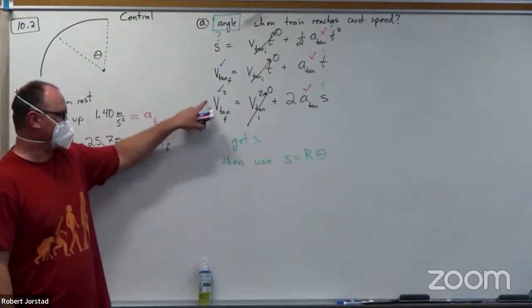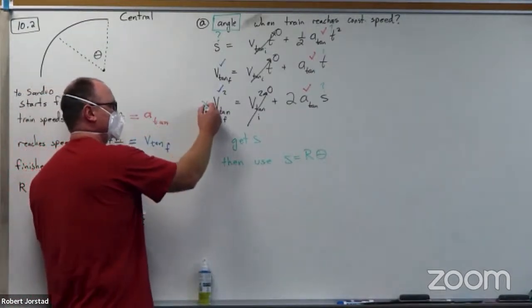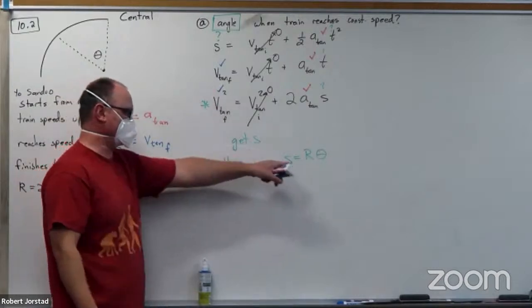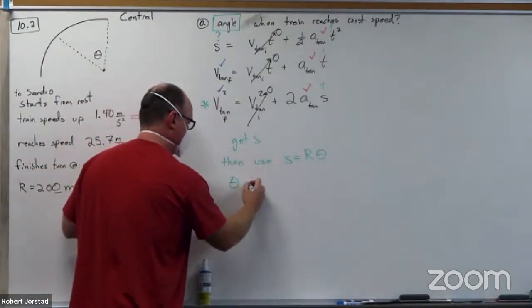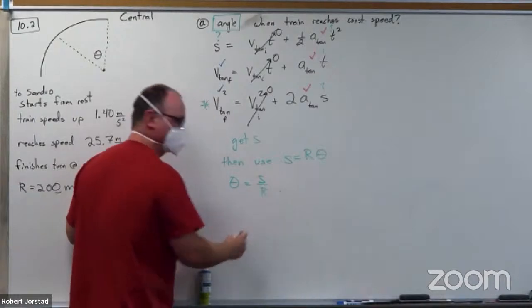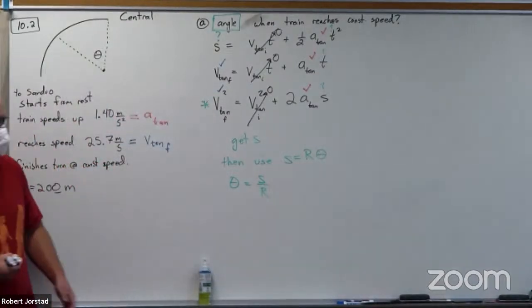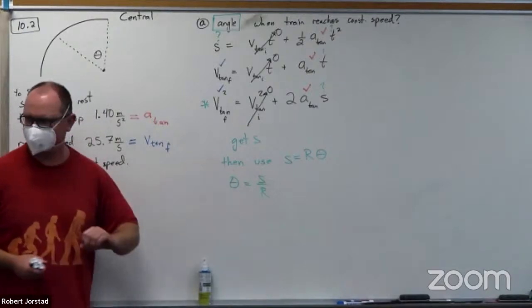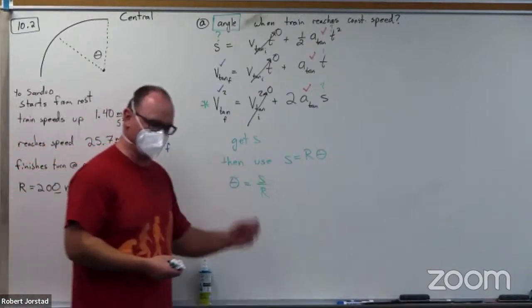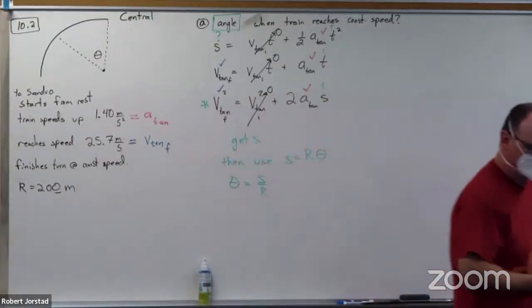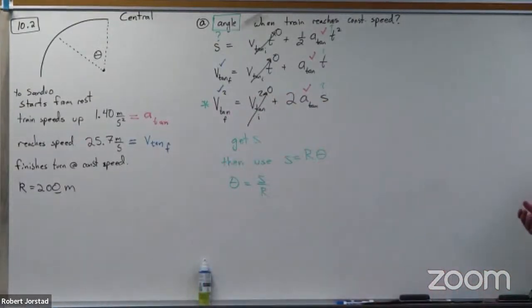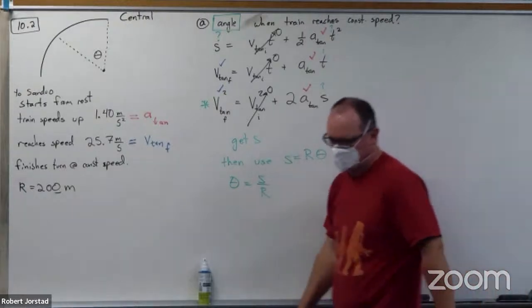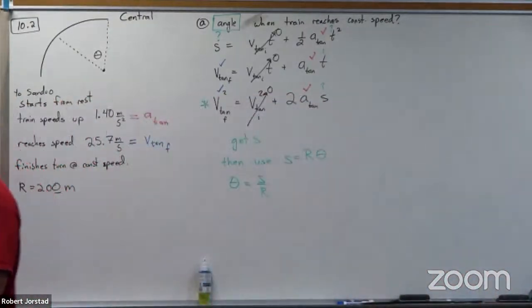We could get S from this equation. Once I know that, theta is just S over R. So we can convert between arc length and angle with the radius. Knowing the arc length is the same as knowing the angle. That's part A.